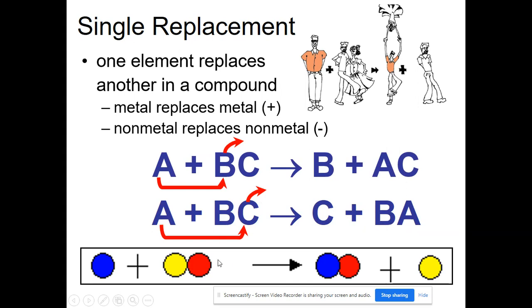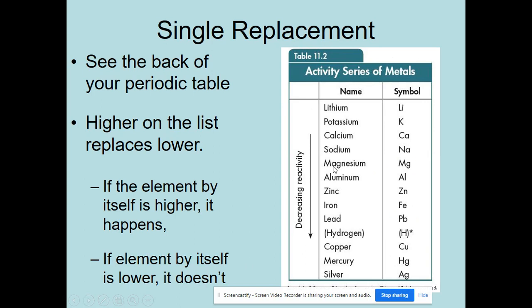Okay, so we're going to be using the activity series, which is on the reference sheet, under today's announcement, to figure out if these types of reactions will occur. On your reference sheet, you should see this activity series. This will list the most reactive.